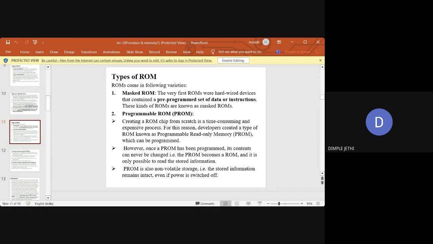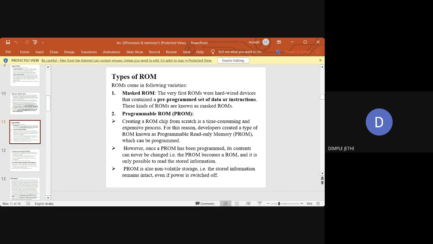After changing those instructions once, it again becomes a ROM, because after changing the instructions one time you cannot change them again. So after the PROM has been programmed, it becomes a ROM only.